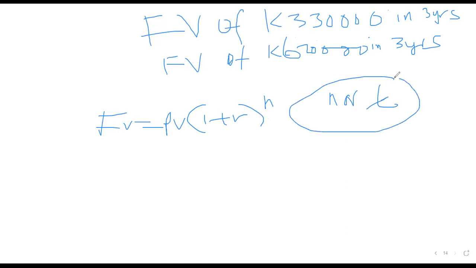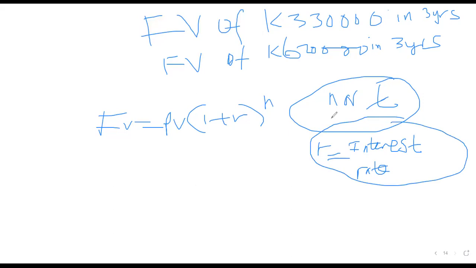Are we together? Okay, n and t are the same, right? Then this one is the interest rate, that is our R. After we finish revising question 2, these are the theoretical questions, it's not an issue.